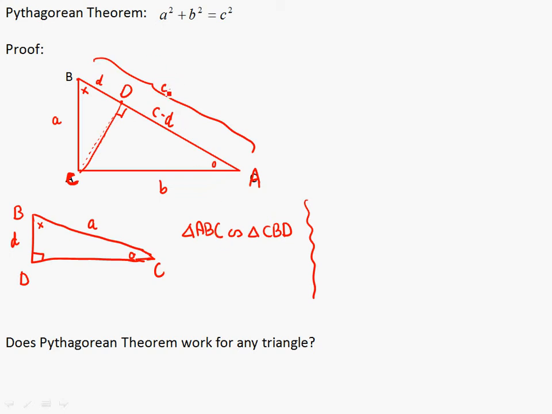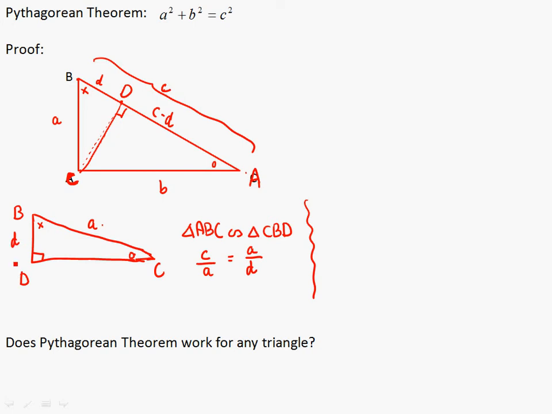Based on those triangles being similar, I know that the hypotenuse, C, well that would be A in the little triangle. If I divide that by A, then in the little triangle, side A is actually D. Do you see how in the big triangle, the long side, C, divided by the short side is A divided by the short side in the small triangle?